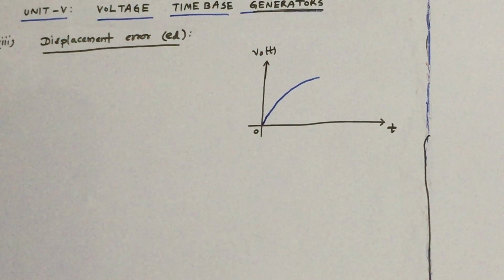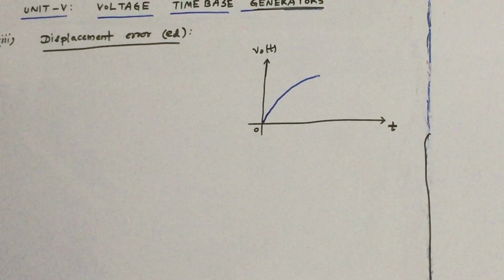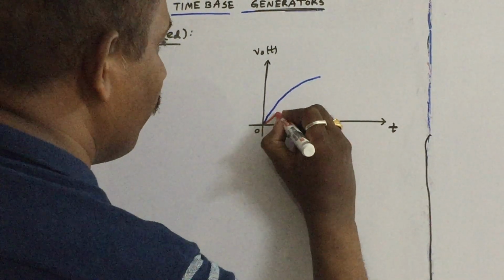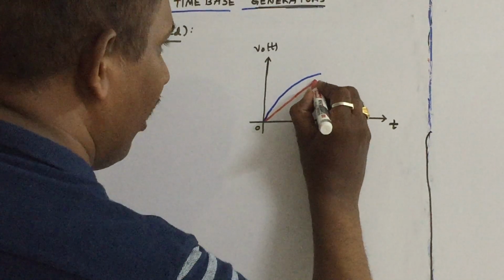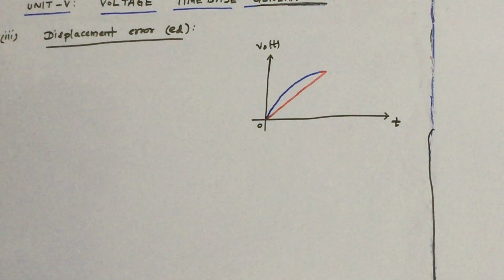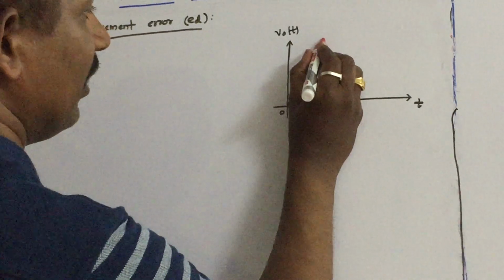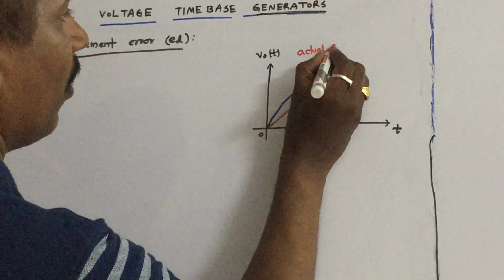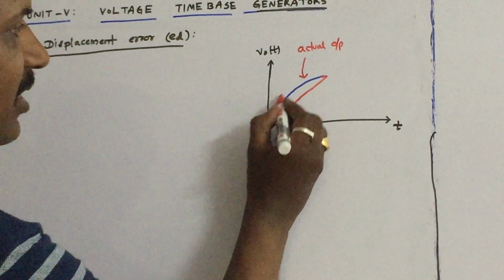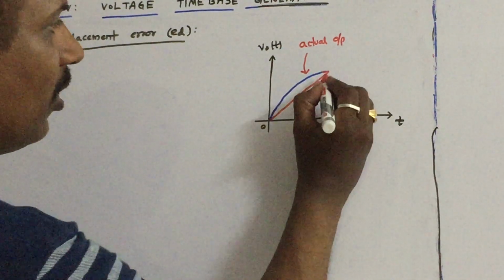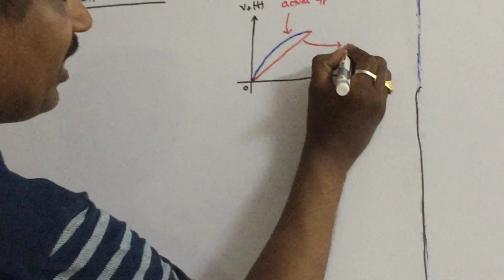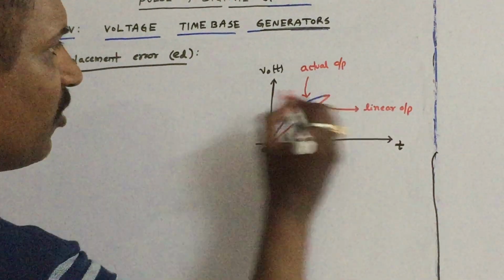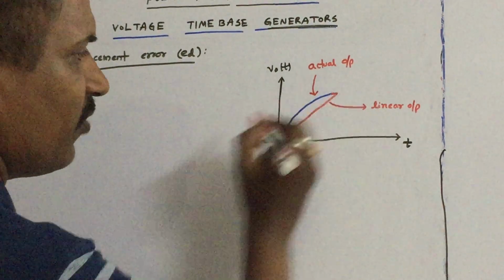And this is the linear graph. Let us say this blue line is the actual output, the capacitor charging equation, and this is the linear output which we require.